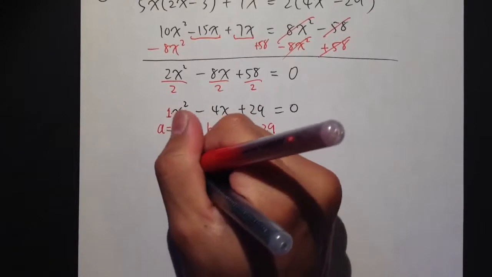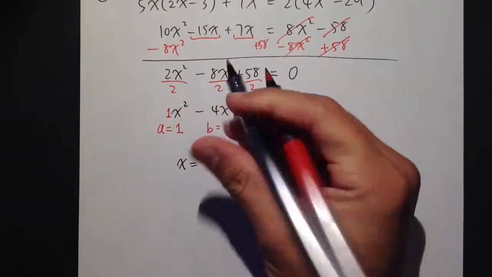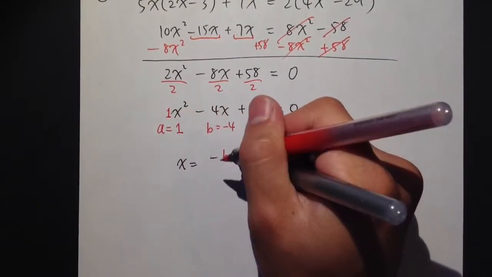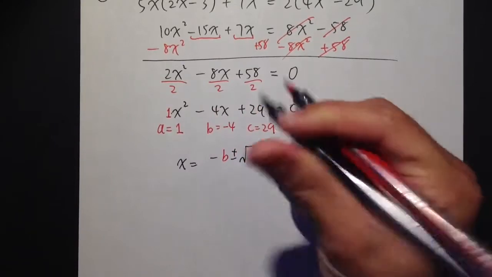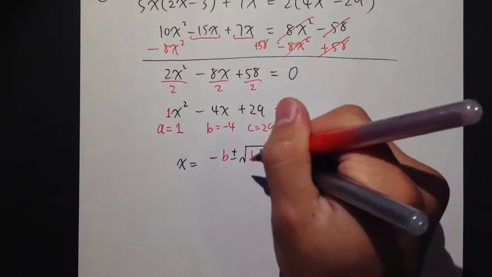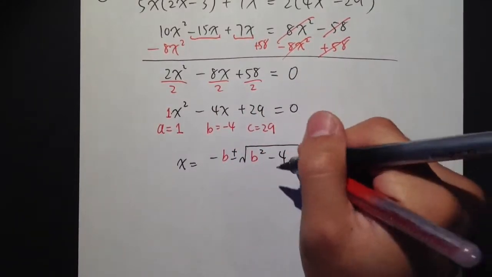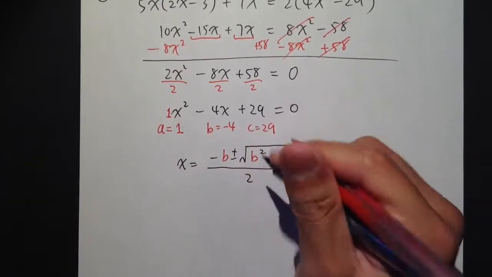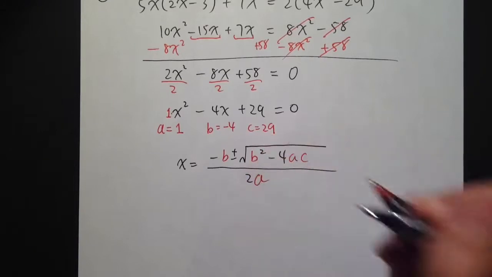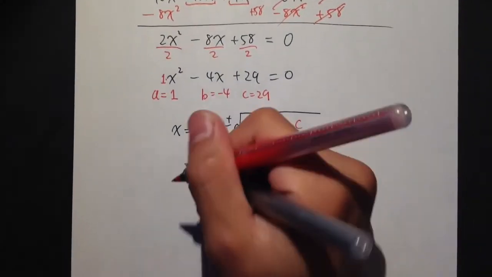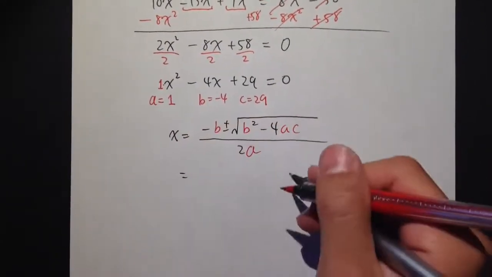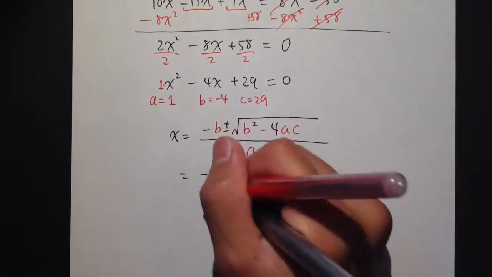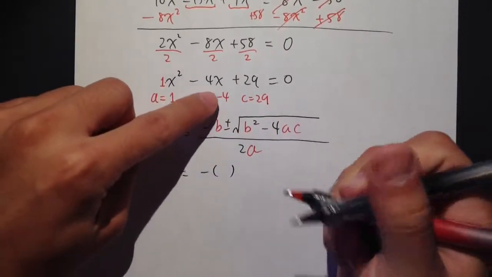So by the quadratic formula, we know x is equal to negative b plus minus square root of b squared minus 4 times a times c, everything over 2a, like this. Then I just need to plug in the numbers. Okay, I see a negative b, open the parentheses, I'll plug in negative 4.